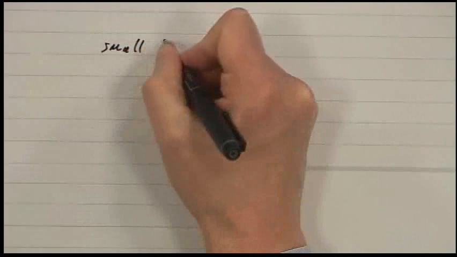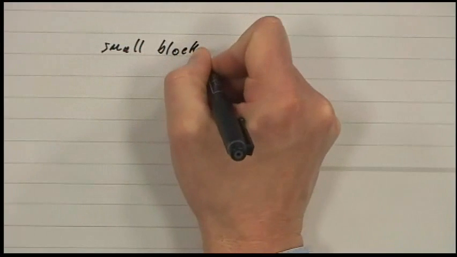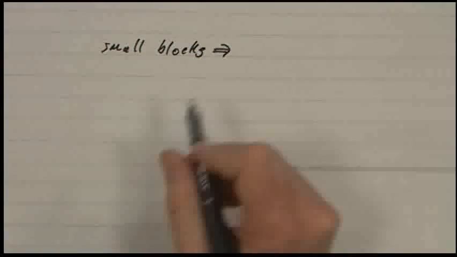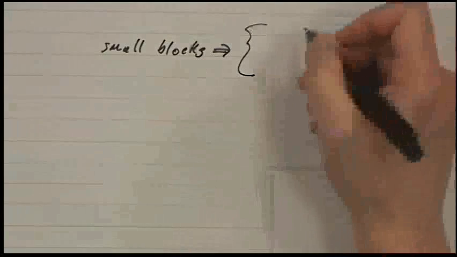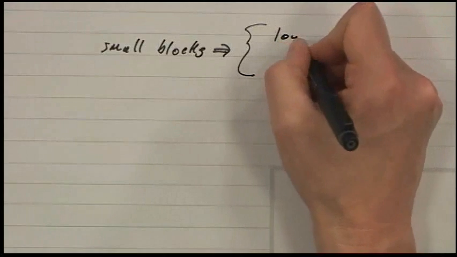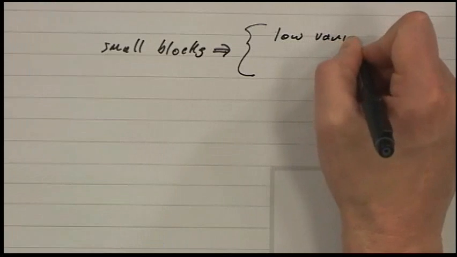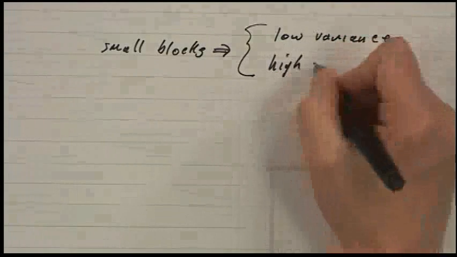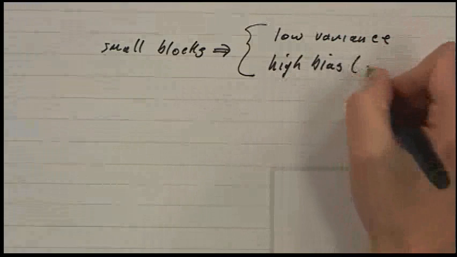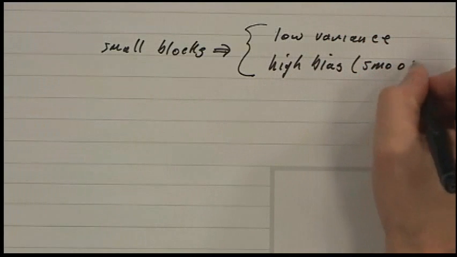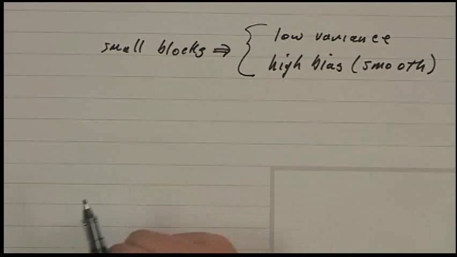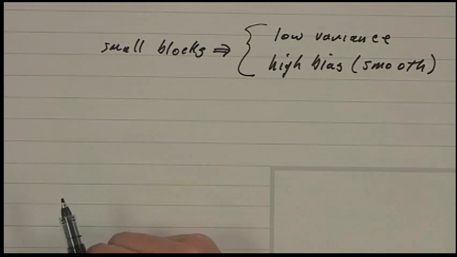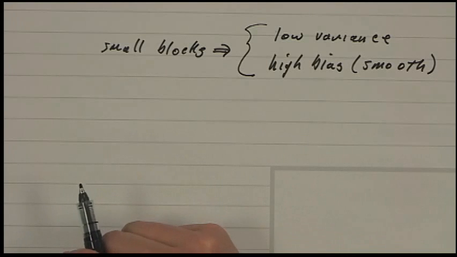Okay, so small blocks. You guys actually did this in your lab, right? Small blocks is low variance and high bias. This is smooth. Smoothing represents bias because it's a systematic change in your estimate. Right?